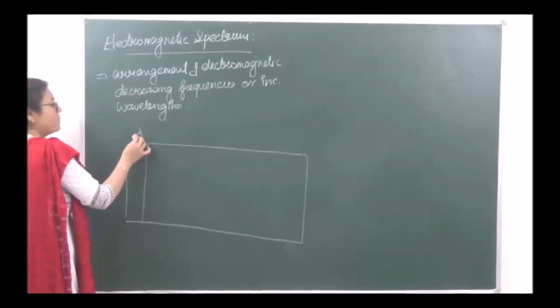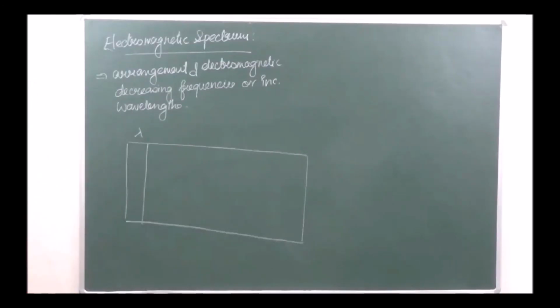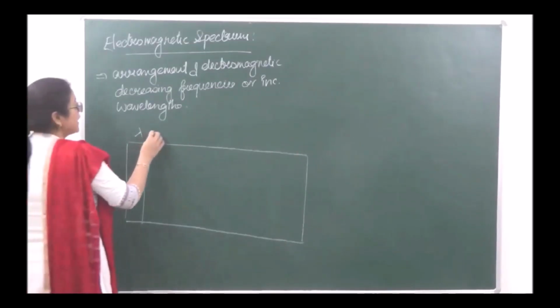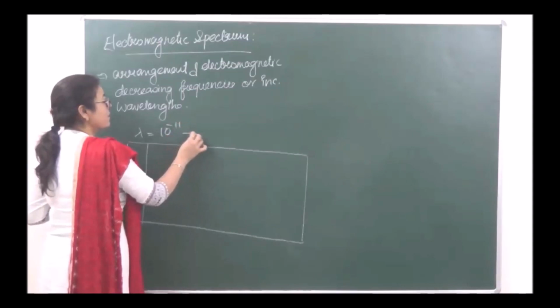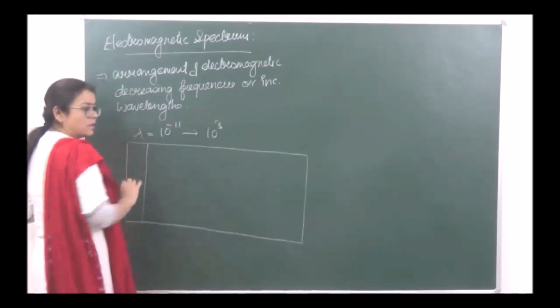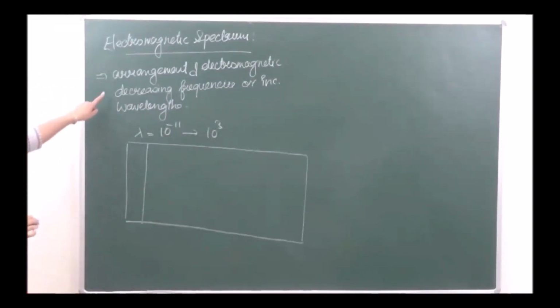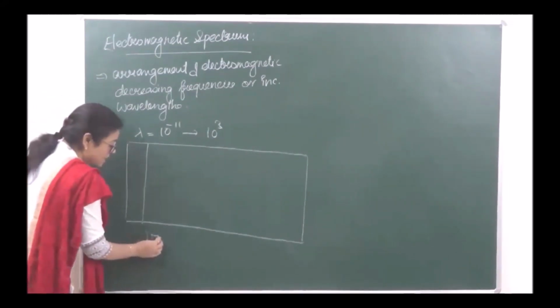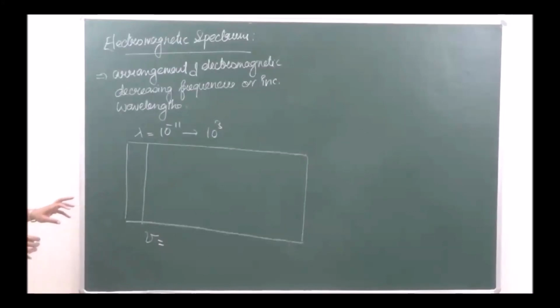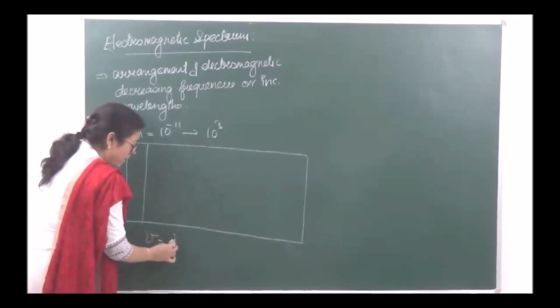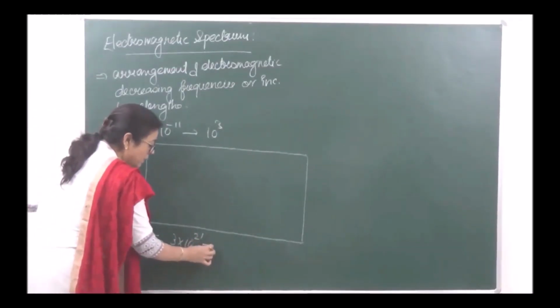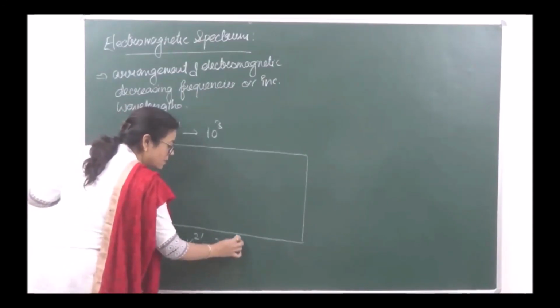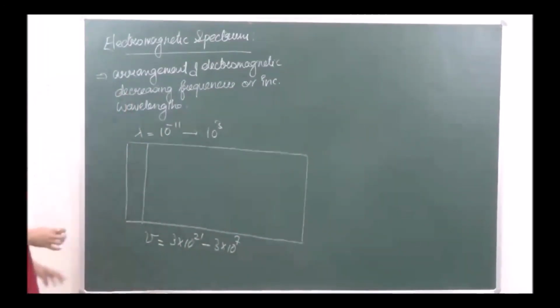And we are saying that lambda over here is increasing, going from 10 raised to power minus 11 to 10 raised to power 3. Right? So what are we saying? Decreasing frequencies or increasing wavelengths. So the frequency will decrease, from 3 into 10 raised to power 21 to 3 into 10 raised to power 7. Okay, so this is the order.